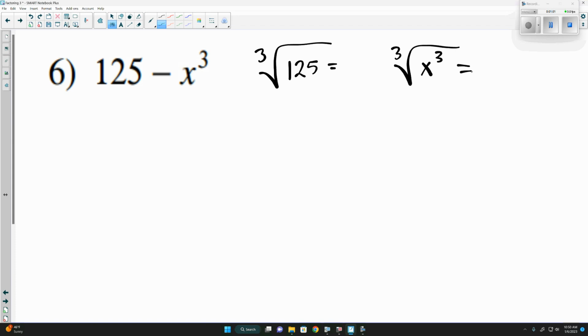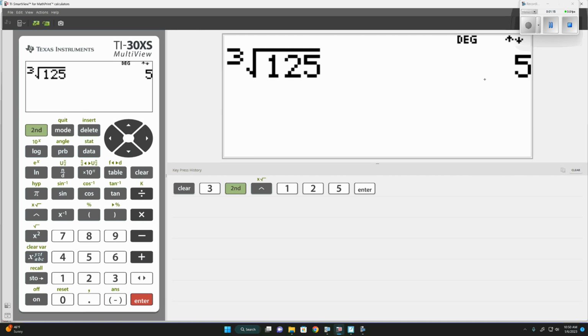The easiest one is the cubed root of x to the third, because when the index and the exponent are the same, they simplify each other out. So the cubed root of x to the third is x. The cubed root of 125 is 5.